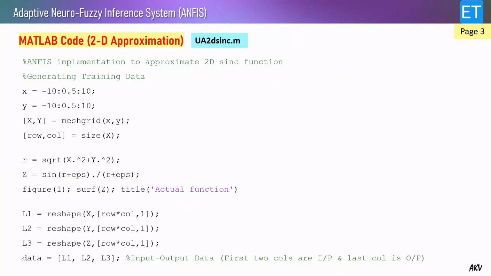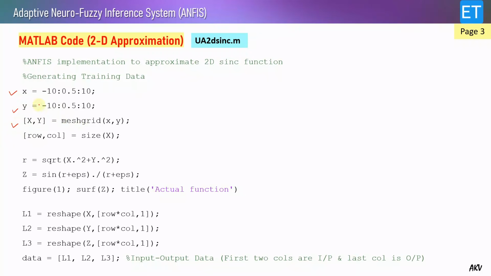In the previous case I took the one-dimensional sine function. Now I will show you that you can approximate a two-dimensional function also. That is really complex. I have already shown you that I have taken the case of the two-dimensional sinc function. So I am defining the variables x and y, then meshgrid.